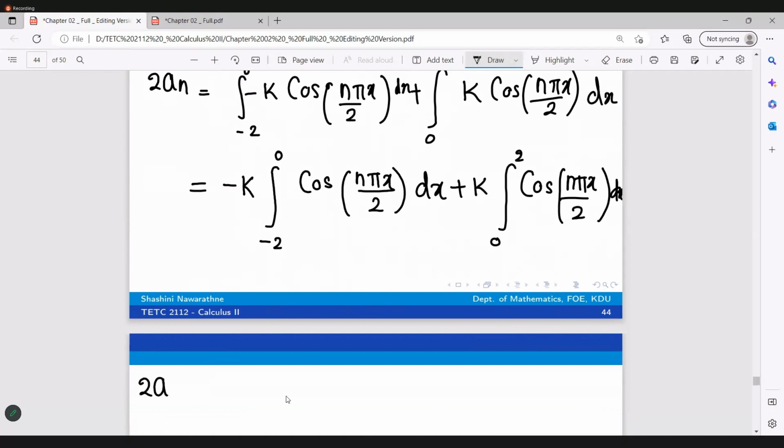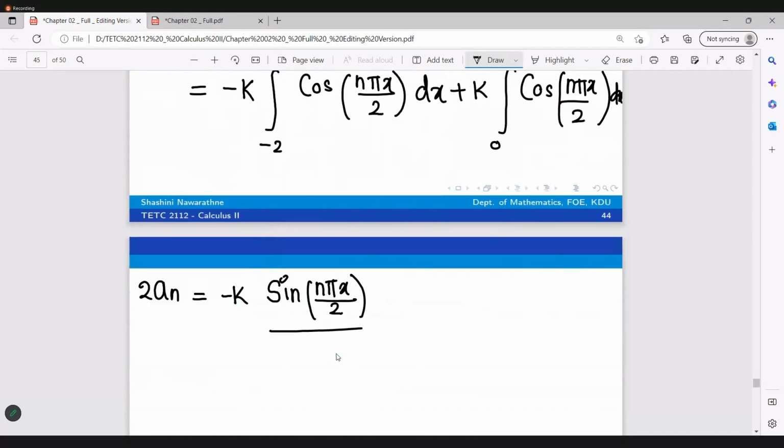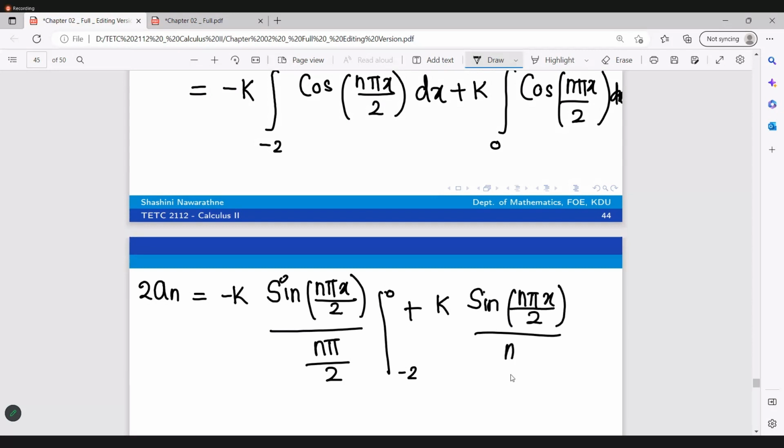So 2 a n is equal to minus k times, what is the integration of cosine? It's sine n pi x over 2, and divide this whole thing by n pi over 2, and we need to substitute minus 2 to 0, plus k times sine n pi x over 2 over n pi over 2, from 0 to 2.